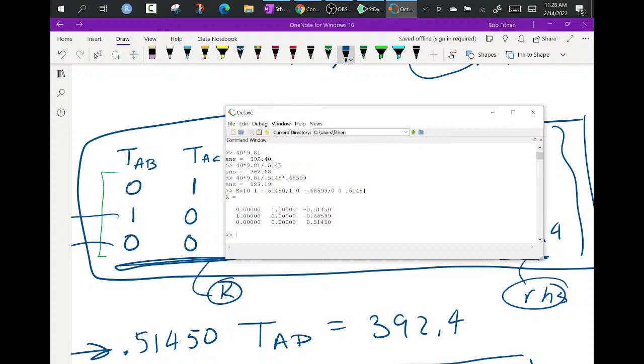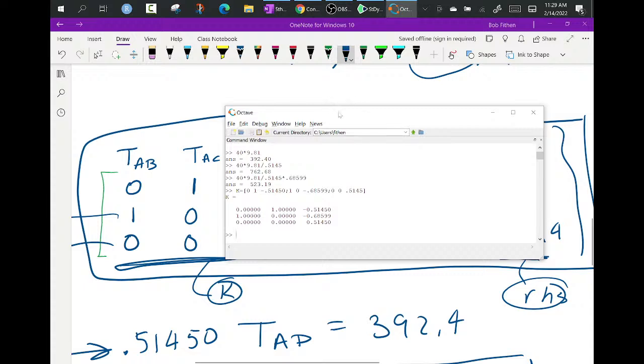In the syntax of MATLAB or Octave, you put a space or a comma. You can leave a space between the numbers or a comma, and it'll list the rows. Then the semicolon says go to the next thing and list the next row. So there's my next row, and then list the next row.